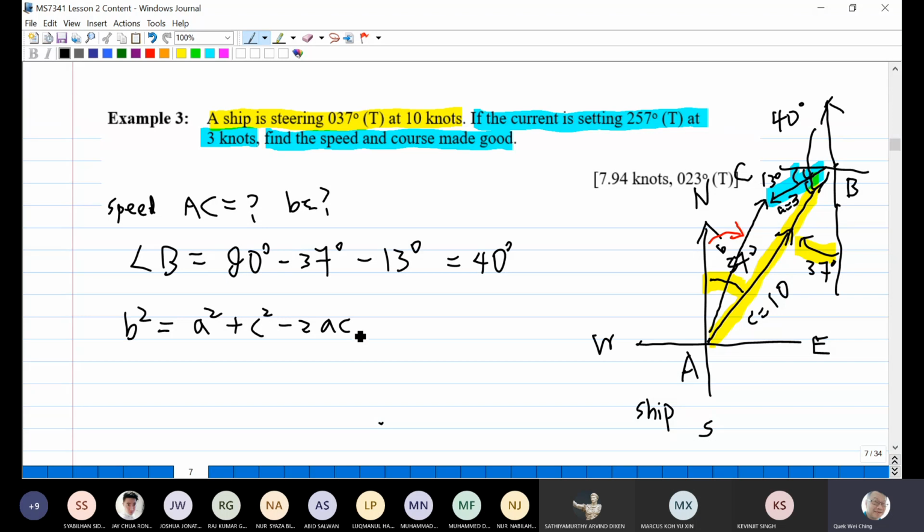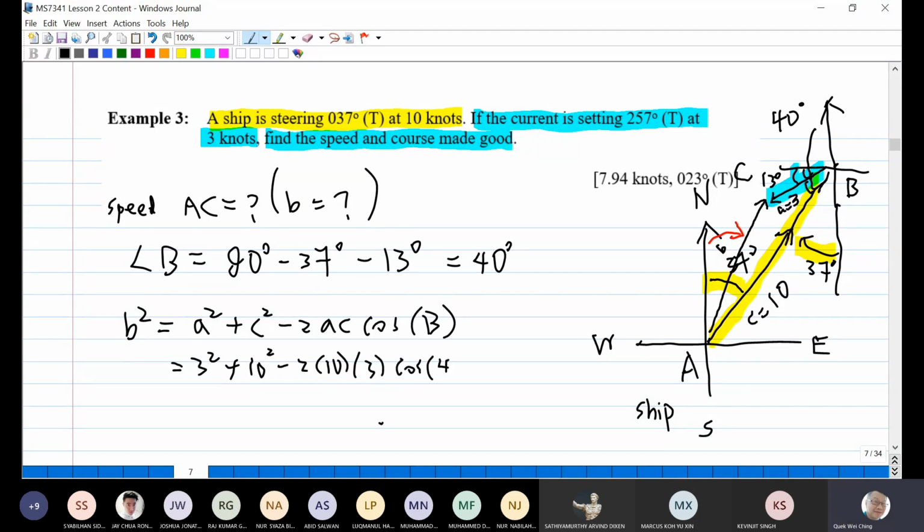Okay, the side B, how much is B there? From here, A is the current, that's 3 squared. C is the speed of the ship, 10 squared. Minus 2 times 10 times 3 cosine angle 40.